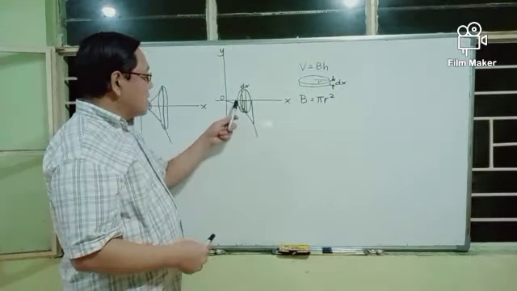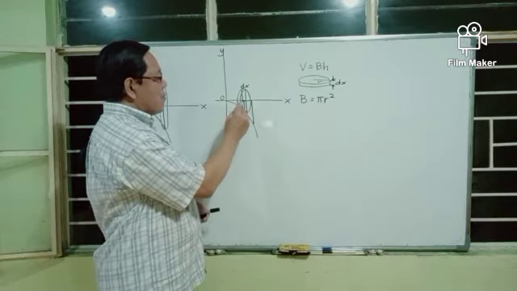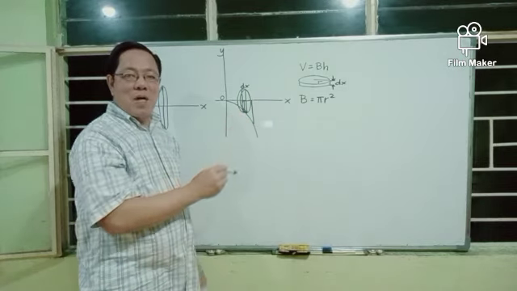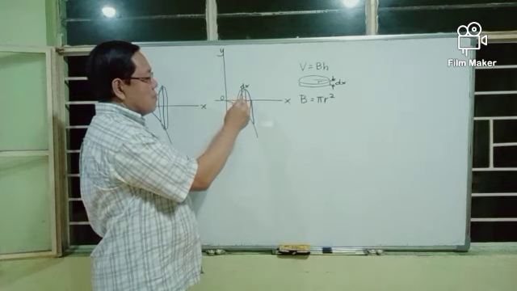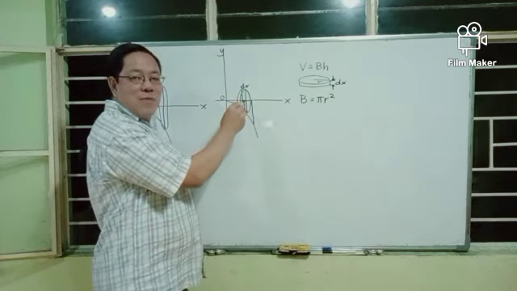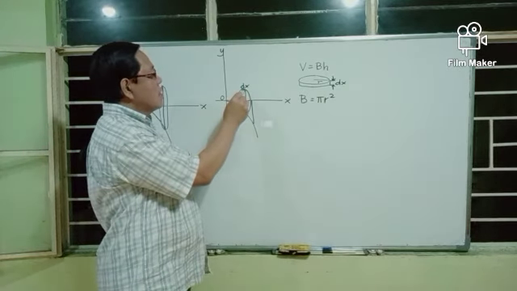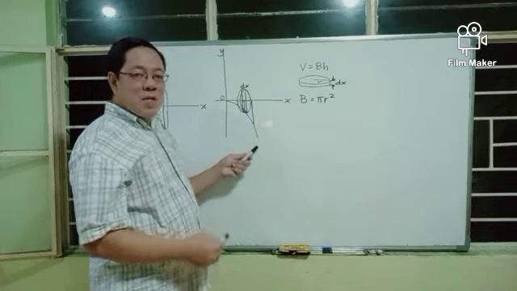And from this disk, the radius of the circle is the length of the line from this point on the x-axis to this point on the parabola, that is the mirror image of this parabola.